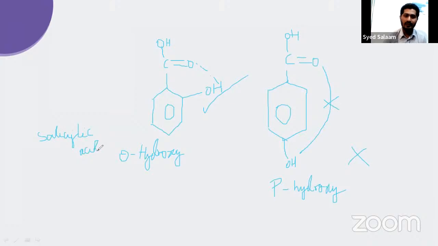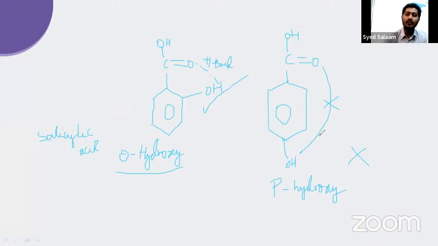Why is this the only one effective? Because it can show an H bond. Hydrogen bonding is seen in this. So hydrogen bonding is sometimes mandatory, necessary. If it is not happening, then, with the same molecular formula, both having hydroxyl, the ortho one is effective.